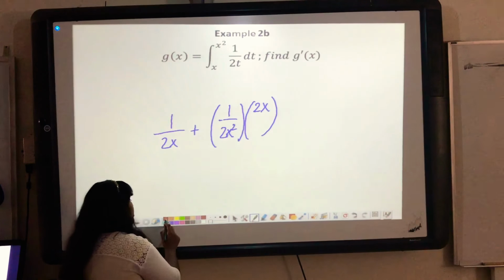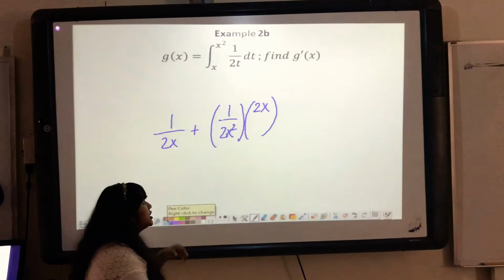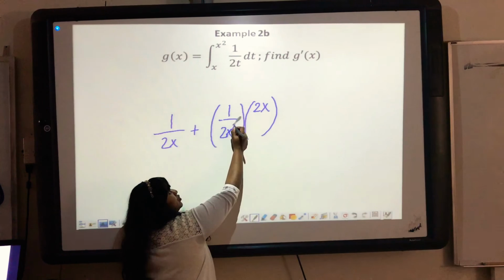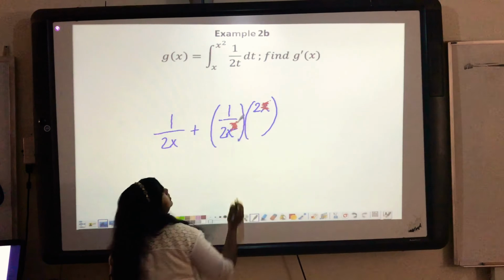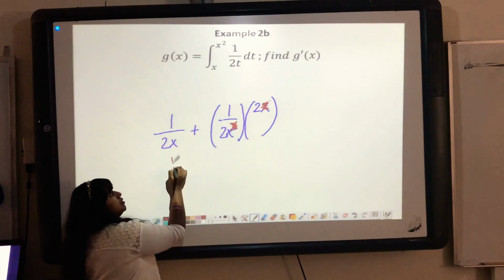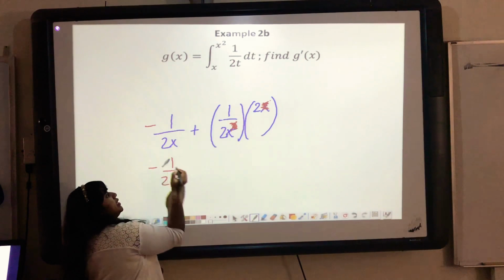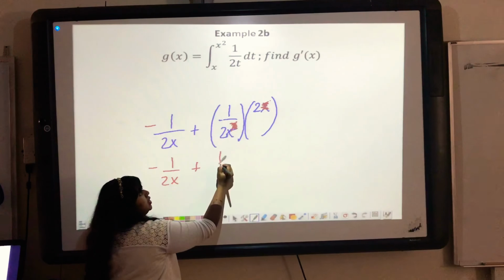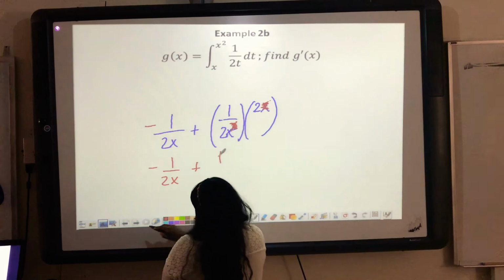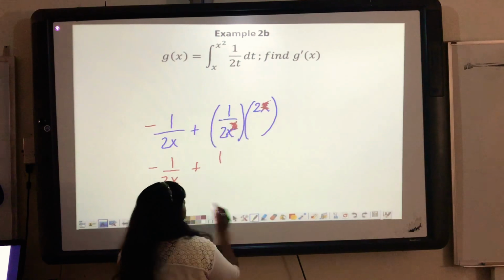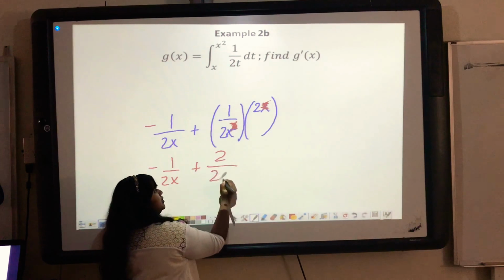Okay, so I could technically leave it like that, but we could do a tiny bit of algebraic simplification, some very basics. Well, I've got an x, 2x is on bottom, so I can get rid of 1. I've got x right here, so I can get rid of that. This now becomes 1 over 2x, oh sorry, this should have been negative this whole time, my apologies. Negative 1 over 2x plus 2 right here over 2x.